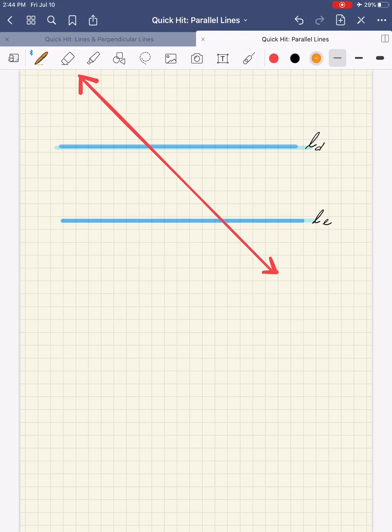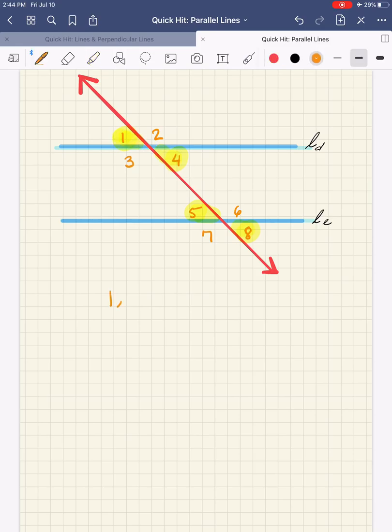So the first thing I'm going to do is go ahead and label all these angles created by the transversal. 1, 2, 3, 4, 5, 6, 7, 8. And I immediately notice that 1 and 4 are going to be congruent or equal, as are 5 and 8. Not only are they congruent to each other, they're also congruent to 1 and 4.